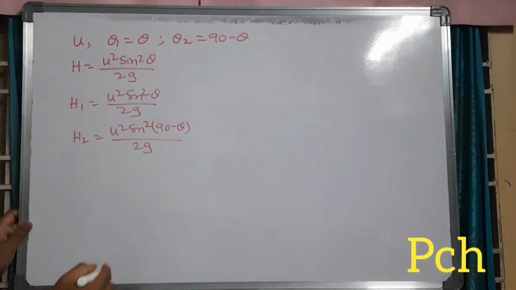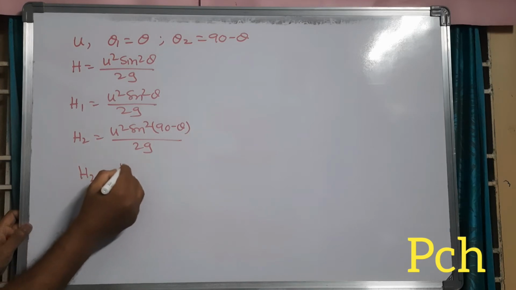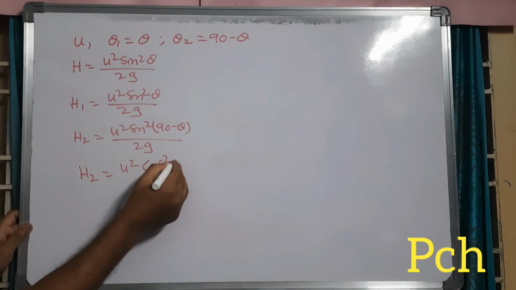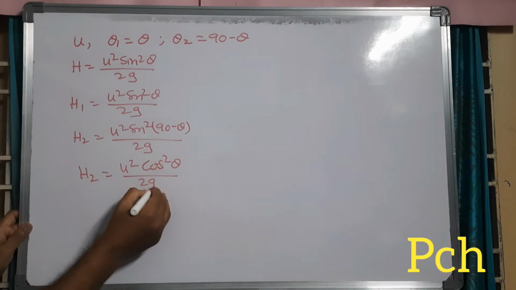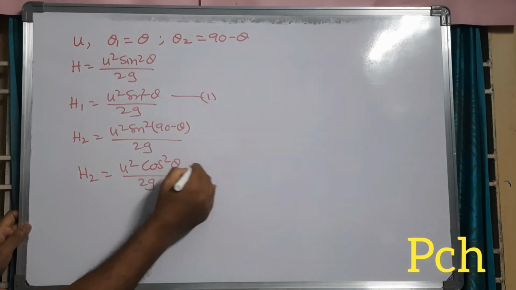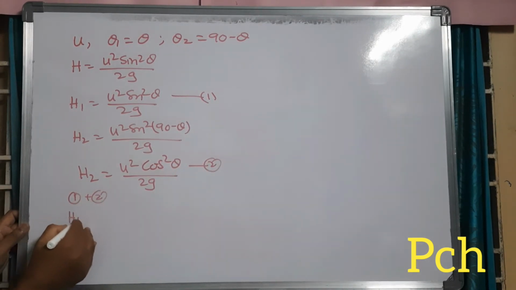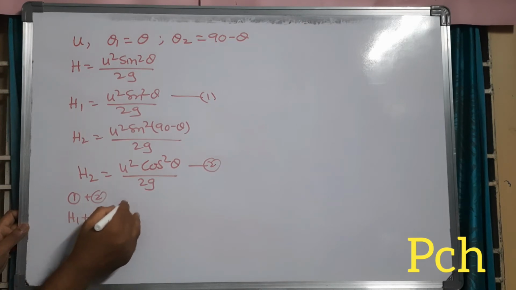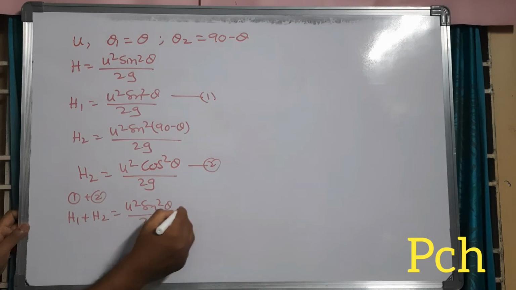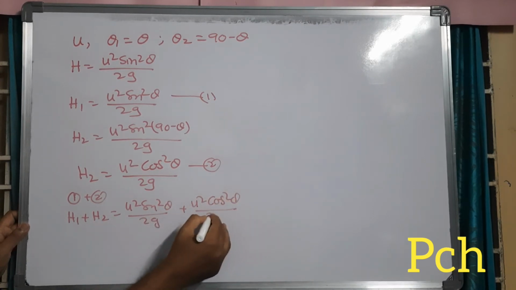As we know that sine of 90 minus theta is nothing but cos theta, h2 can be written as u square cos square theta divided by 2g. If we add h1 plus h2, h1 plus h2 is equal to u square sine square theta divided by 2g plus u square cos square theta divided by 2g.